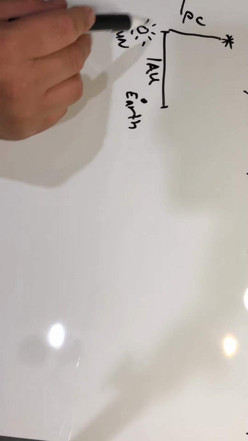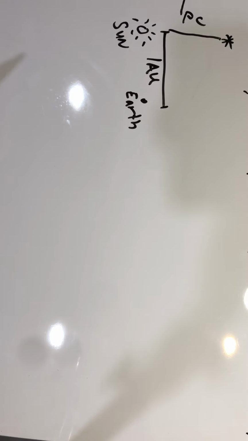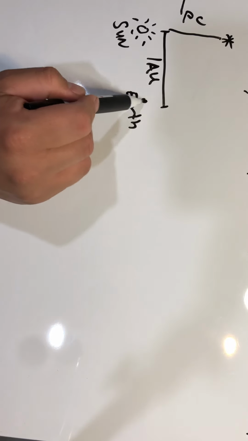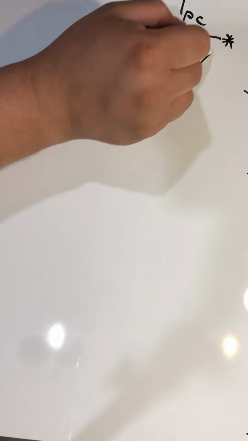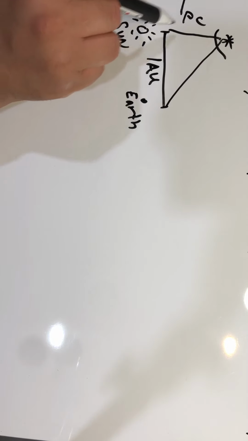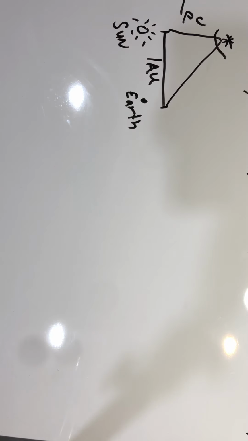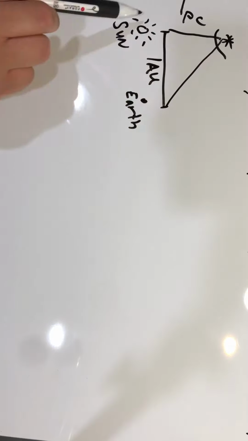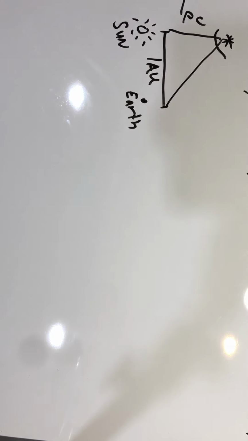The distance between the sun and the star is 1 parsec if there's an angle with the earth of 1 arcsecond. What that means is if you have the earth, and there is an angle subtended of 1 arcsecond, then the distance between the sun and the star is 1 parsec, okay? So it has to have an angle subtended with the sun and the earth of 1 arcsecond.